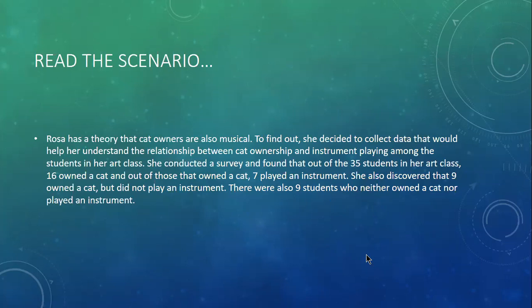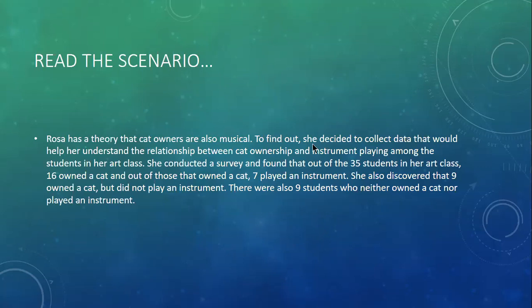Then the 16 means how many of those 35 students owned a cat. Okay, so the 16 represents how many owned a cat, right?